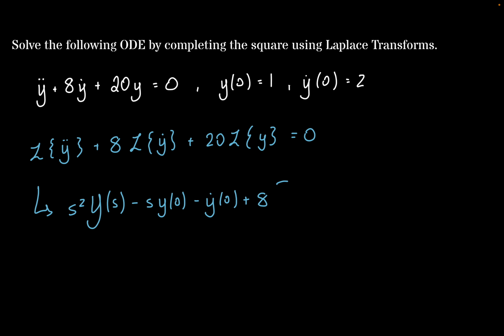And then we'll have plus 8 times s times capital Y of s, where Y of s is our frequency domain function after transferring our time domain y function. And then we have one more piece, our initial y position again. And then we'll have plus 20 times capital Y of s equal to 0.